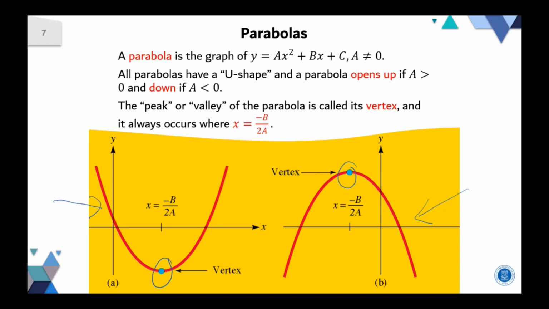We will actually find out why the vertex always occurs here when we learn about derivatives, so it will be in a later chapter. But for now, let's believe that this is true. So, minus b over 2a.